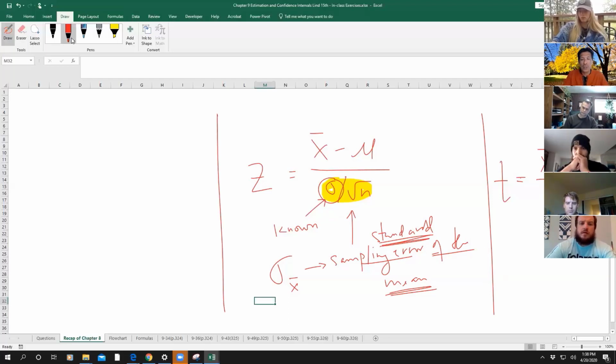Now, recall too that in chapter 8, we introduced the central limit theorem, right?